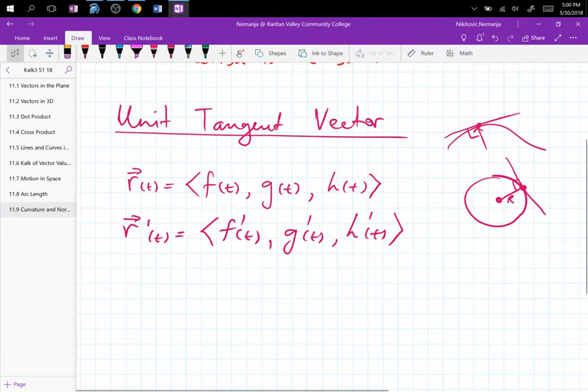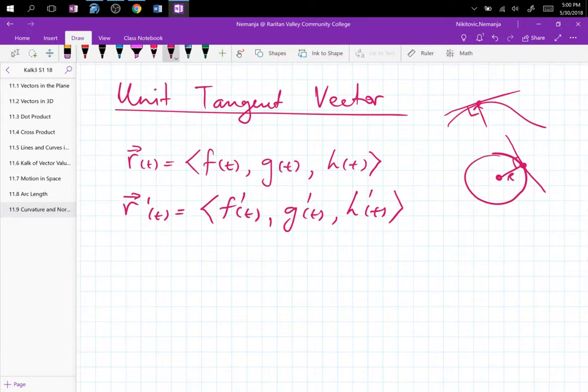So this is technically already a vector which shows the slope. That is the tangent vector, but I need a unit tangent vector. We are going to denote that with a T hat, because it's a unit vector, it gets a hat, not an arrow.